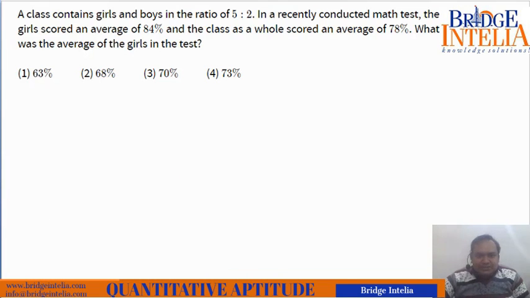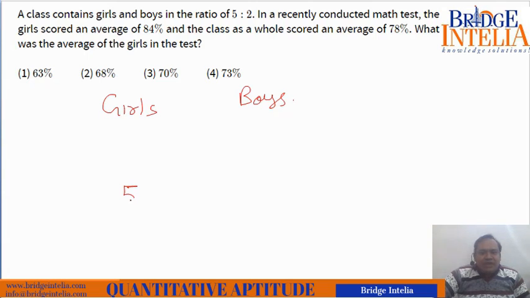Now let's have a look at this question. A class contains girls and boys in the ratio 5:2. So girls and boys, the ratio is already given 5:2. What else do we know? In a recently conducted math test, the girls scored an average of 84%.